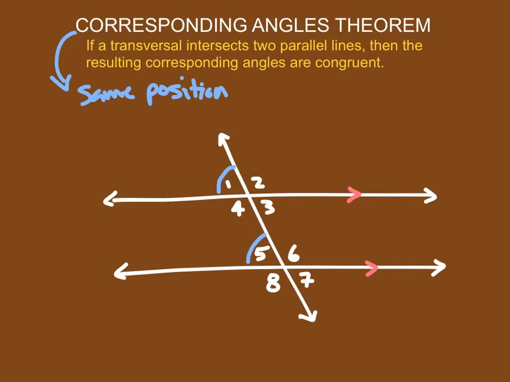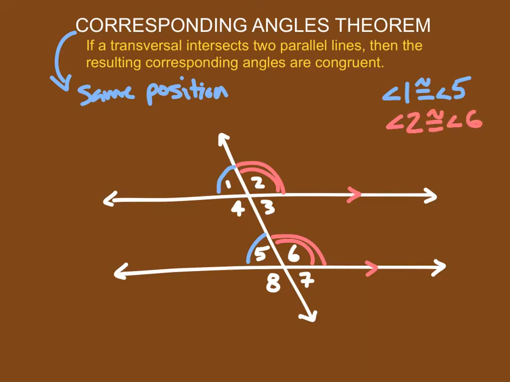So I can say that angle 1 is congruent to angle 5 because they're corresponding. We can say the same thing about angle 2. Angle 2 is in the top right position. Looking down here, angle 6 is in the top right position as well. So I'm going to say that angle 2 is congruent to angle 6.